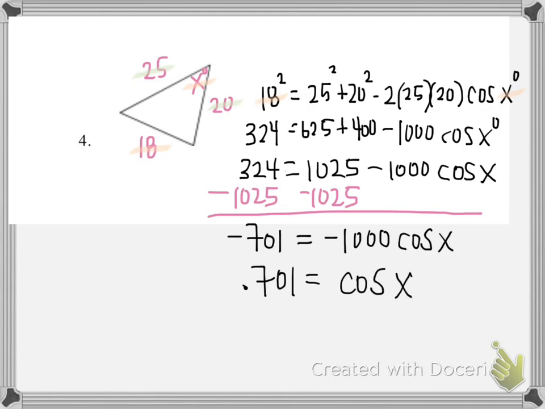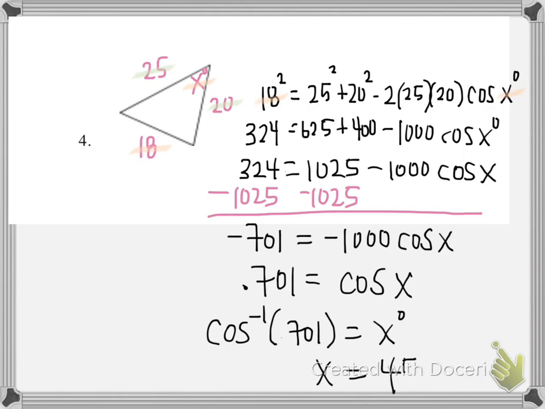Remember to solve for x, you then take the inverse cosine of that number. So that angle is going to be 45.49 degrees.